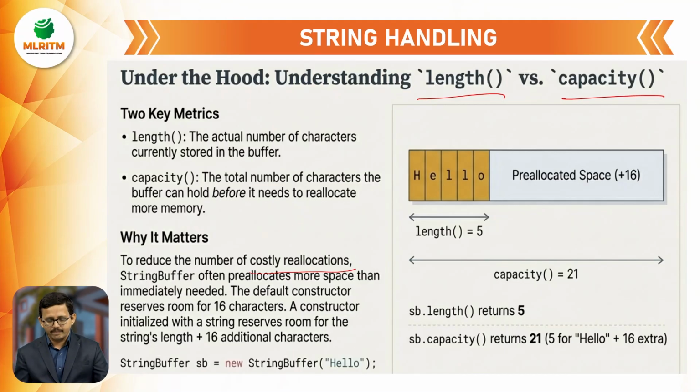More than the characters present in the string. For example, let us say we have a string buffer object SB that is going to store hello. Hello, as we can see, is 5 characters. Keep concentration here: not a simple string, it is a string buffer we are using.